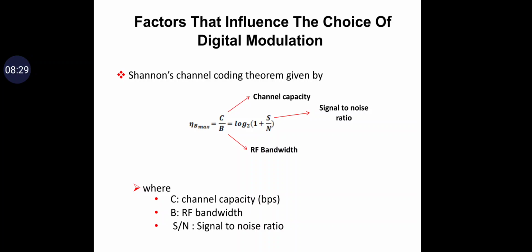It is nothing but log base 2 of 1 plus SNR. SNR is nothing but signal to noise ratio, that is the ratio of signal power to noise power. Here in this expression, C is the channel capacity, B is the RF channel bandwidth and S by N is the signal to noise ratio.